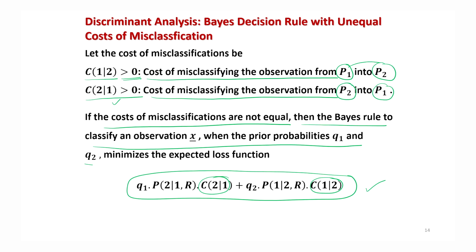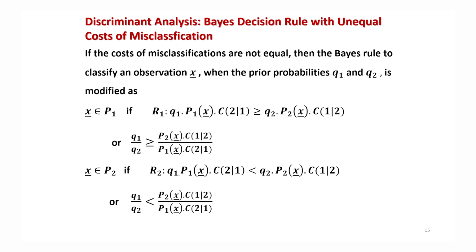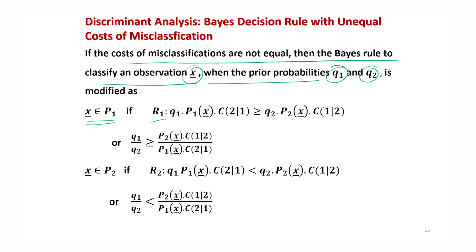If you compute similar probabilities, the Bayes rule finally comes out like this. If the costs of misclassification are unequal, then the Bayes rule to classify an observation X, when the prior probabilities Q1 and Q2 are known, is modified as follows: X belongs to P1 if it is in R1, where Q1 P1(x) C(2|1) is greater than or equal to Q2 P2(x) C(1|2).